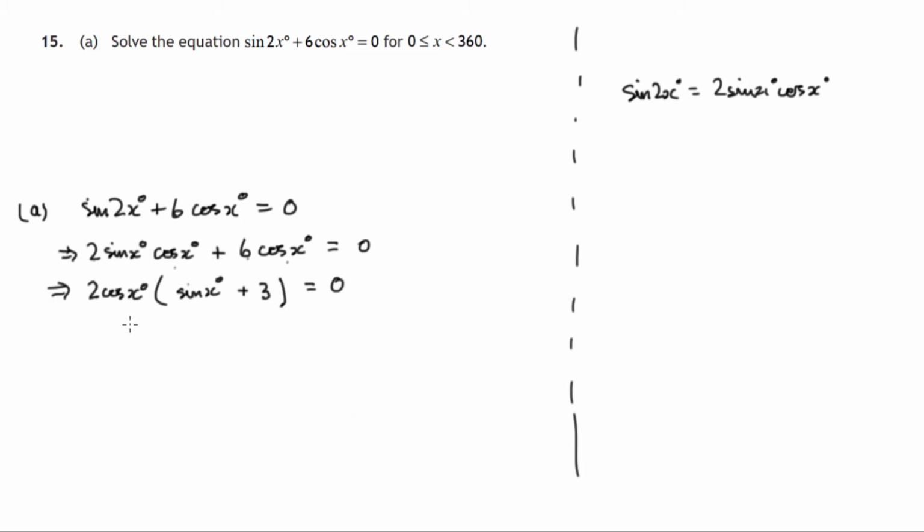So here we have 2 times cos x times (sine x plus 3) equals 0. So one of these terms in the product must be 0. It's certainly not 2. So either cos x is equal to 0 or sine x plus 3 is 0.